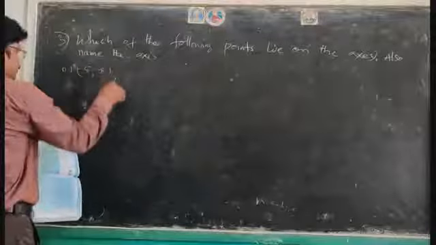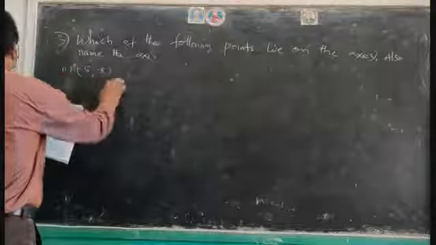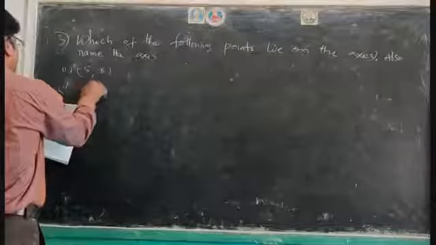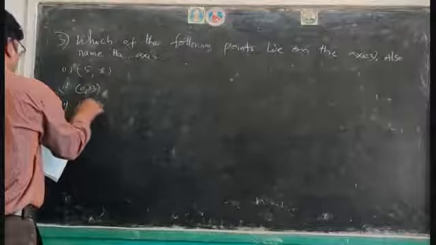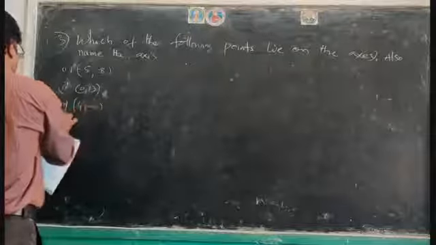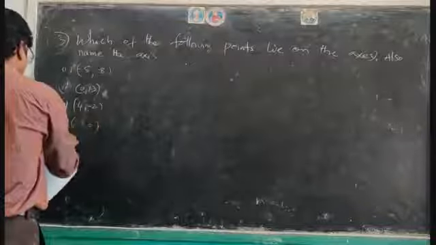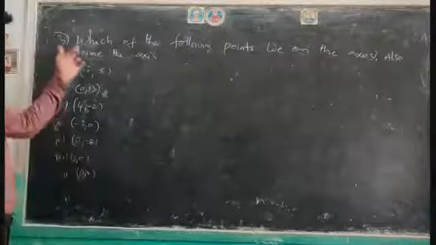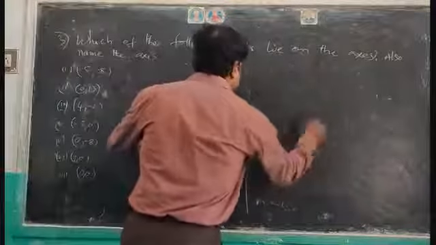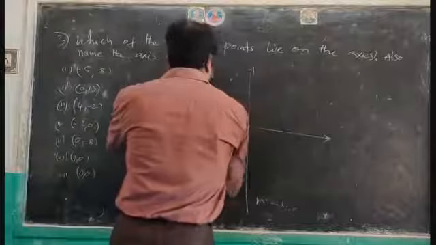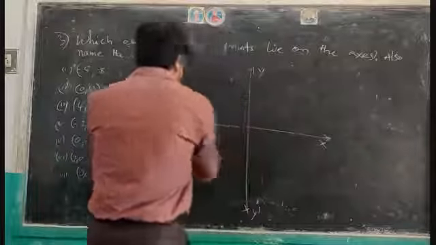(0, -5), (-8). Here, which of the following points lie on the axis? Y dash, X dash.